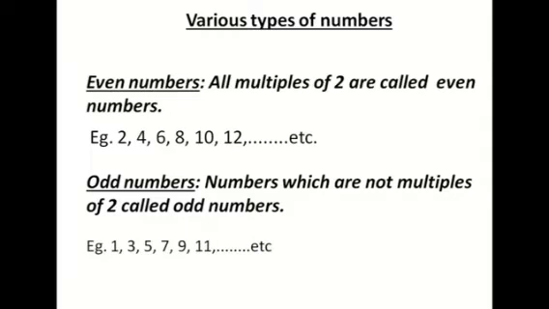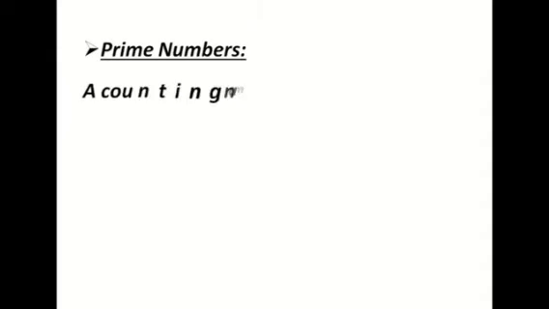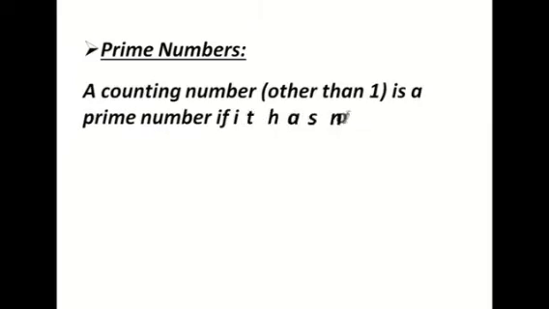Whatever are multiples of 2 are even numbers. The rest of the numbers will be called odd numbers. Now tell me, what are prime numbers? Prime numbers are those which have factors as 1 and the number itself. Then only we can call that number a prime number.